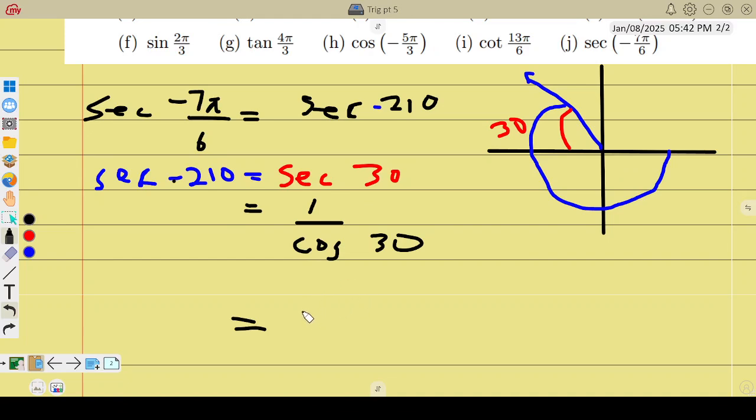You say 1 divided by cos 30, and cos 30 is root 3 over 2. Then you change this to multiplication, and your answer will be 2 over root 3. So this is the final answer.